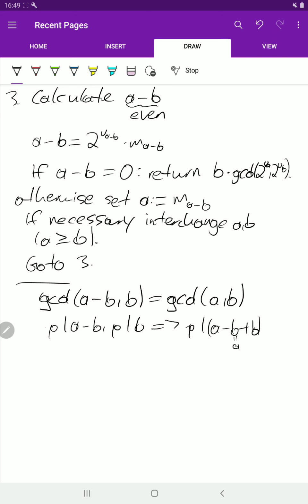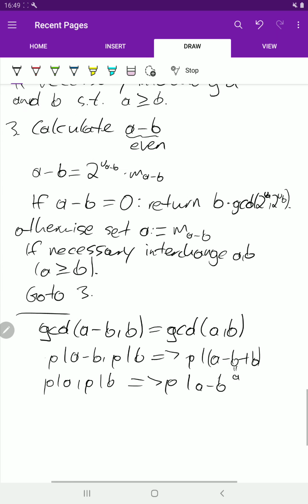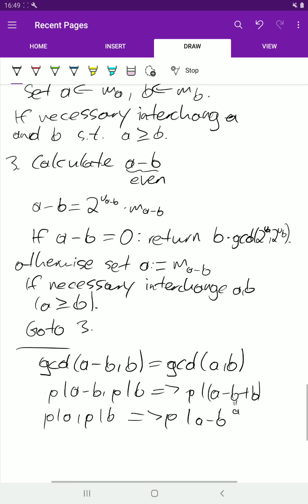And we can also go the other way back: if p divides a and p divides b, then it also divides a minus b. So that's why the greatest common divisor doesn't change if we look at a minus b and b.